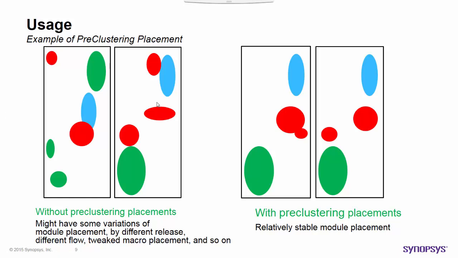If you compare the two figures shown, you will see that there is not much change. The changes are quite minor. However, with this new feature, that is with pre-clustering placement shown on the right-hand side, you will note that it has better repeatability and better module placement results.